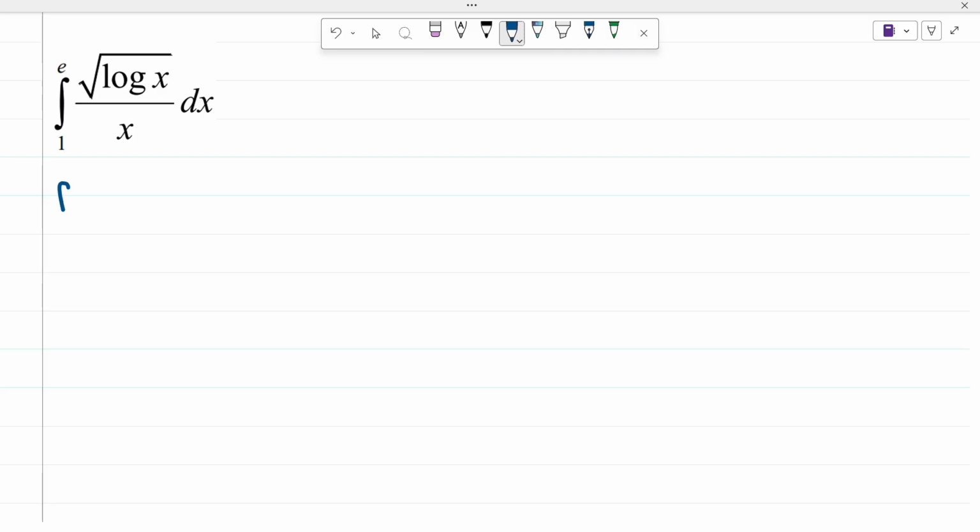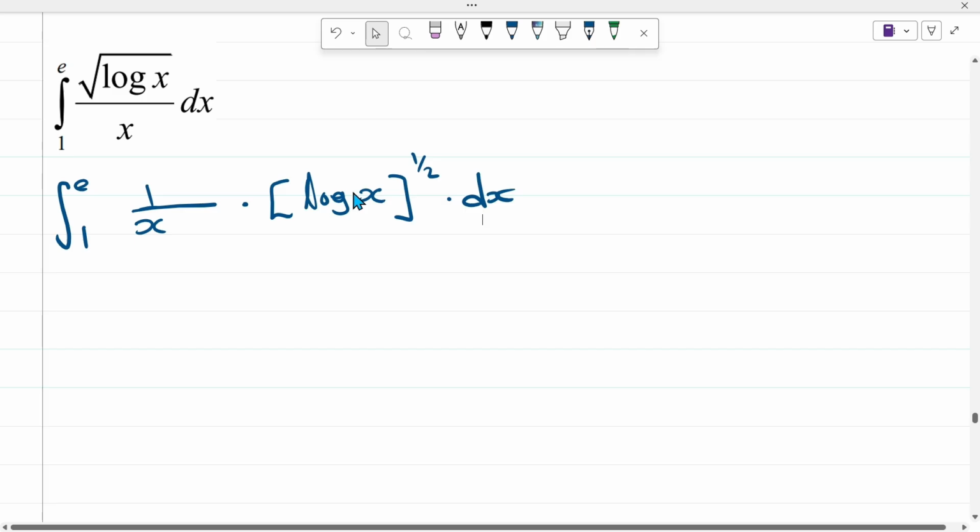So let's rewrite this firstly in a nice way. We are going to have 1 over x multiplied by the log of x to the power of 1 over 2, dx. So if we let this be our f of x, can that be our f prime of x?